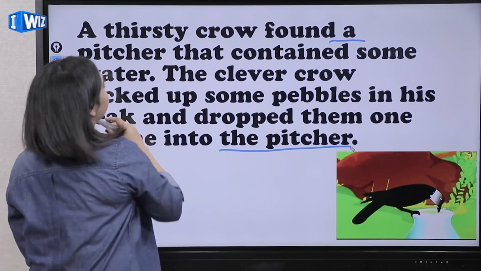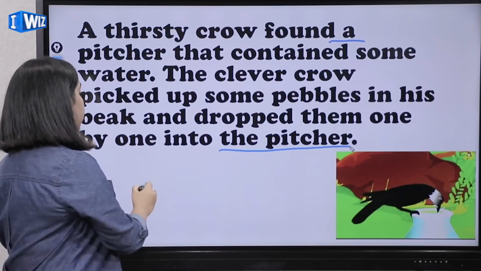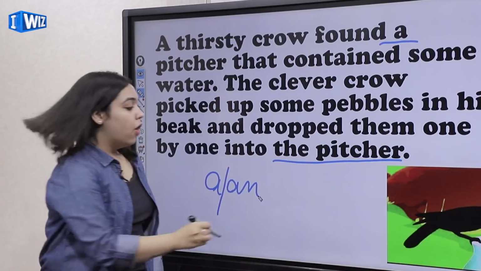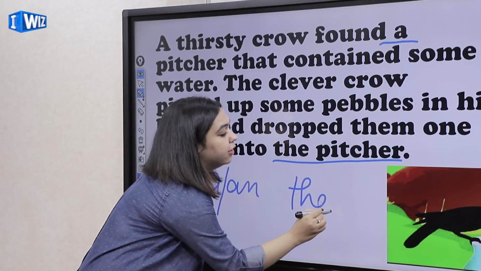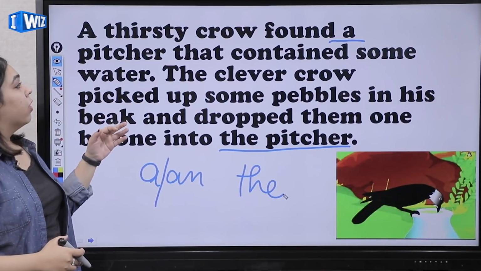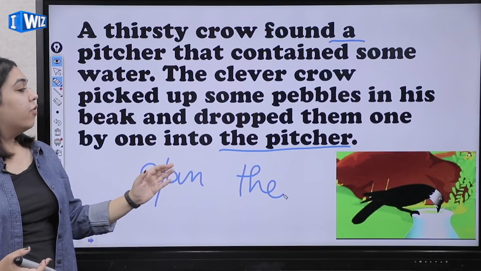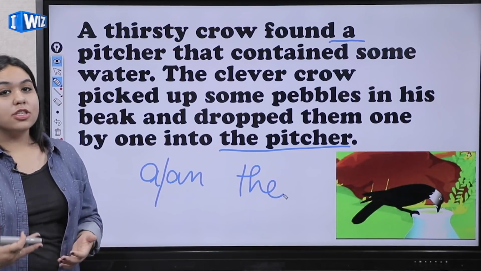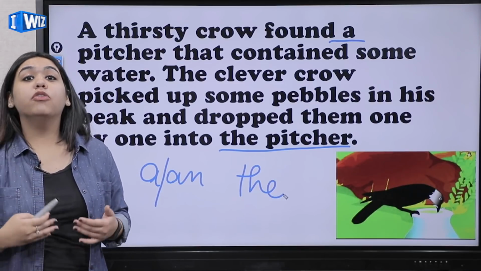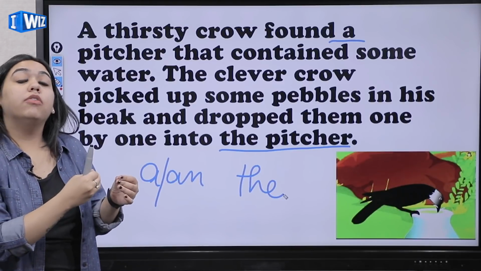Now, what I am trying to explain here is that we cannot cram where we are going to use the word a or an, the article a or an, or where we are going to use the article the. Now you see the word here, picture, remains the same. Picture, picture, same. But we've used a before. Now we've used the before. What is the logic behind it? So the logic here is when we are using something for the first time, I am using picture for the first time, I am just referring to it once.